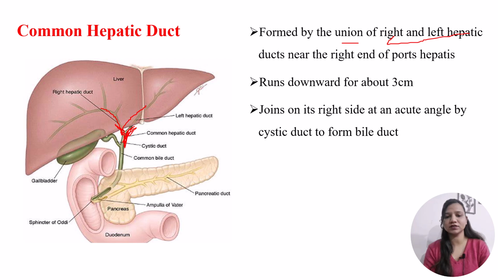As you can see here, this is the common hepatic duct. It runs downward about 3 centimeters. Okay, so this common hepatic duct runs downward for about 3 centimeters, and it is joined on its right side at an acute angle by the cystic duct to form the bile duct. So here you can appreciate it in the picture.